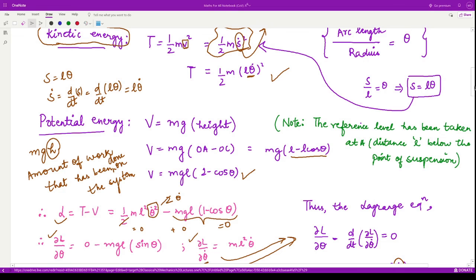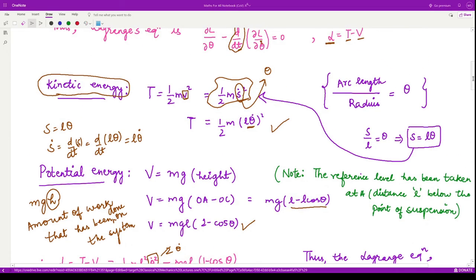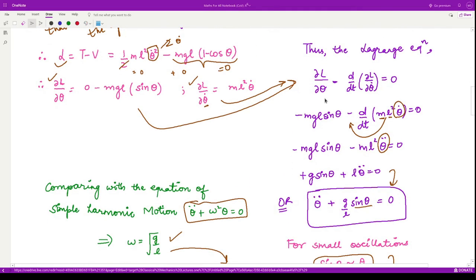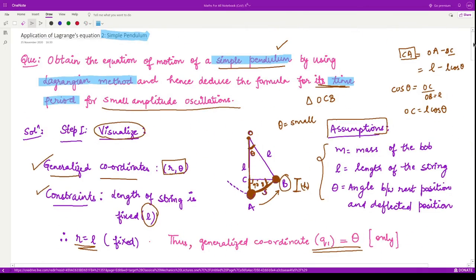Once you have the Lagrangian, it is really simple to put the value of the Lagrangian in the Lagrange equations and evaluate the equation of motion. So the physics behind every system should be correct to obtain the correct solutions.